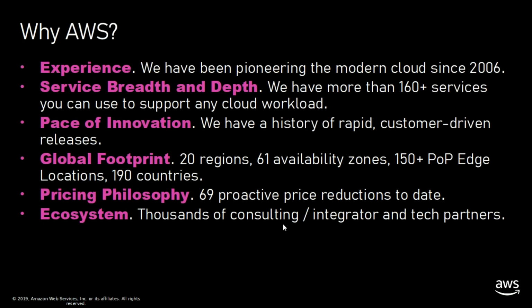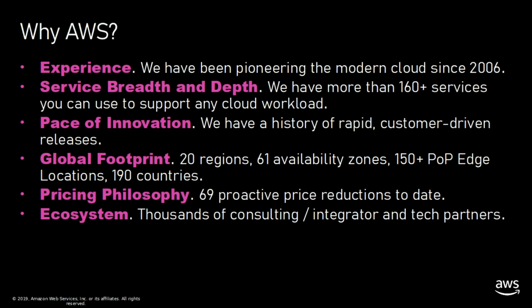So why AWS? Based on experience, AWS has been pioneering cloud since 2006. Service breadth and depth: 160 plus services to support any cloud workload. Pace of innovation is a history of rapid customer-driven releases.